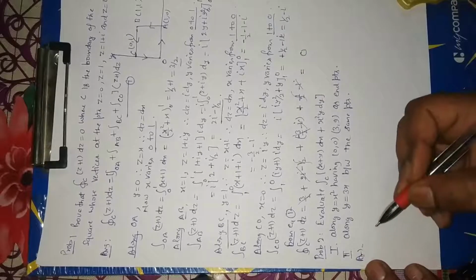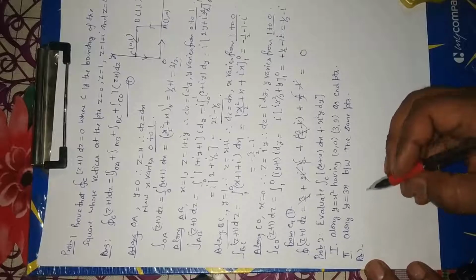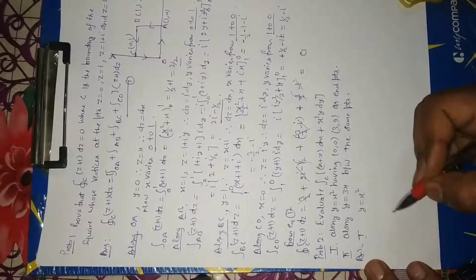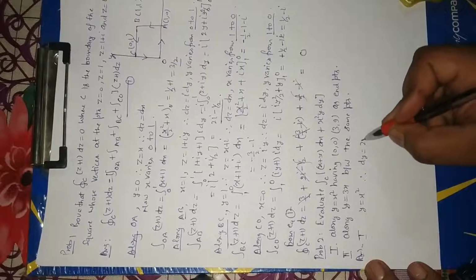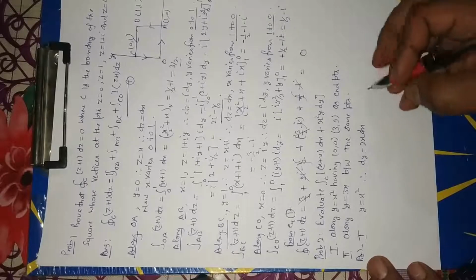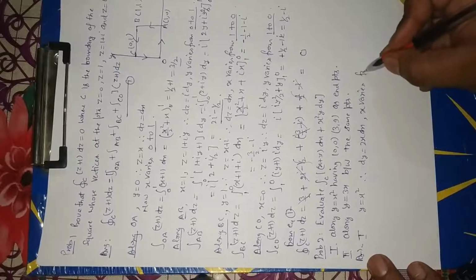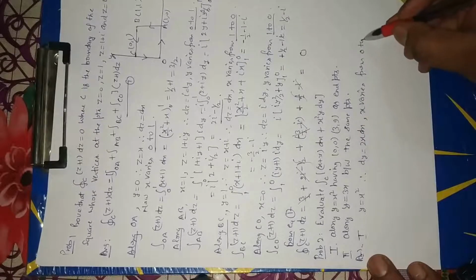Now answer. In the case of y is equal to x square, dy equal to 2x dx, that is x varies from 0 to 3.